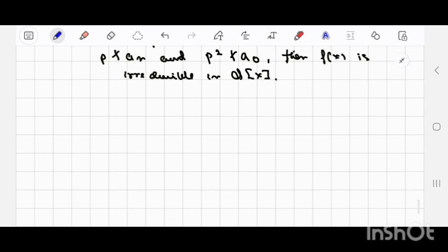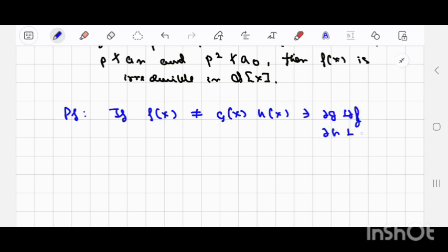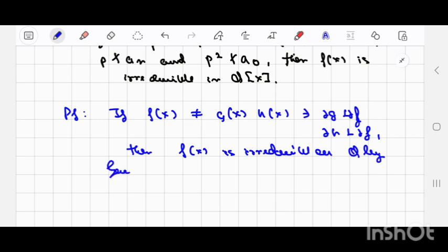Proof. First thing first, observe that if f(x) cannot be written as g(x) times h(x) with the degree of g less than the degree of f and the degree of h less than the degree of f, then f(x) is irreducible over Q directly, by Gauss lemma.